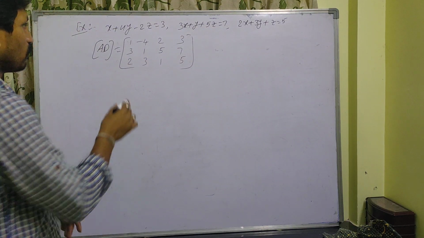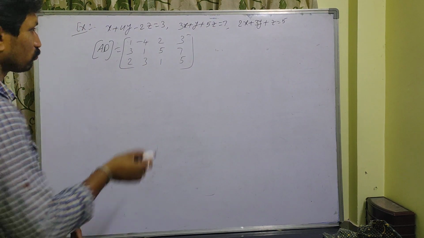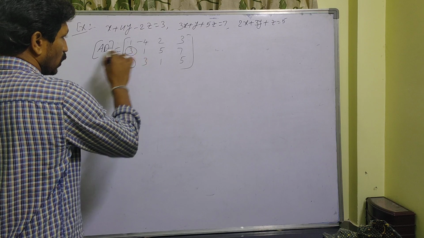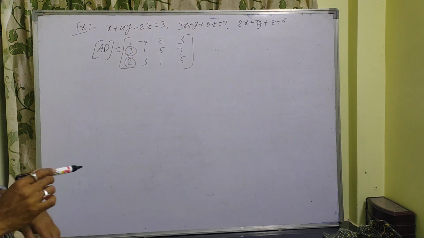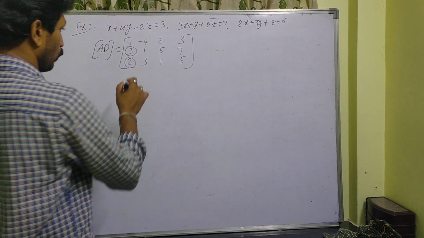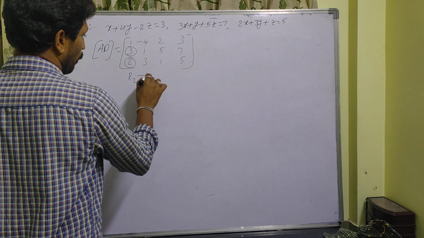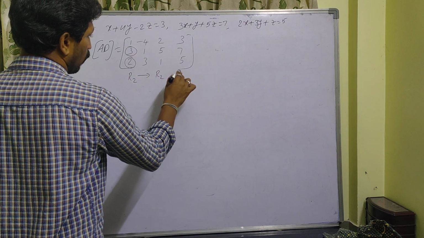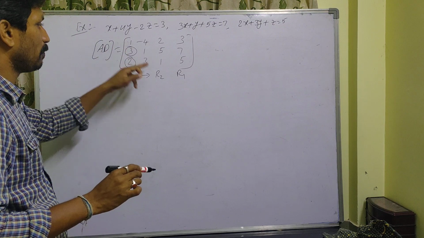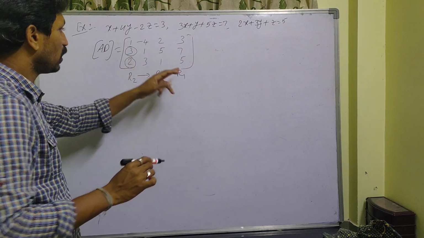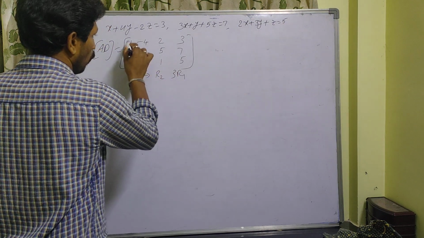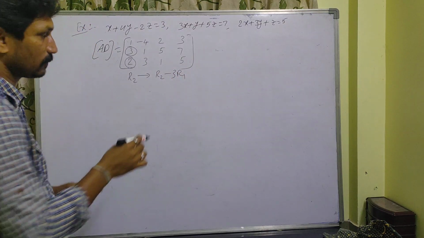So convert this into echelon form. Make these 2 entries zeros by using the first row. So R2 implies R2 and R1. Here 1 multiplied to R2, and 3 multiplied to R1, 3R1. Both have the same sign, so minus.